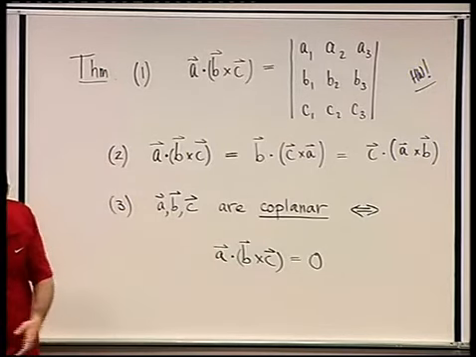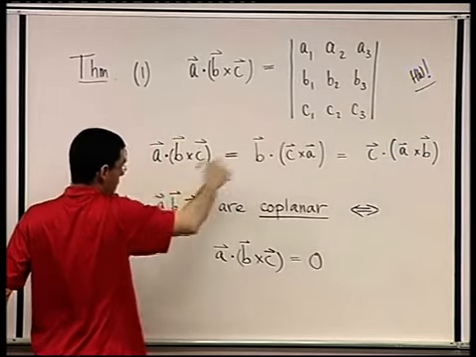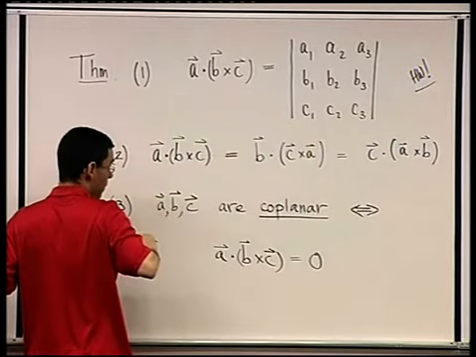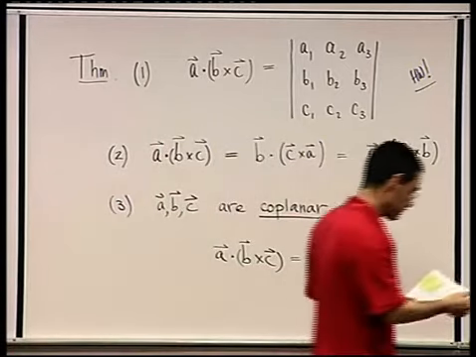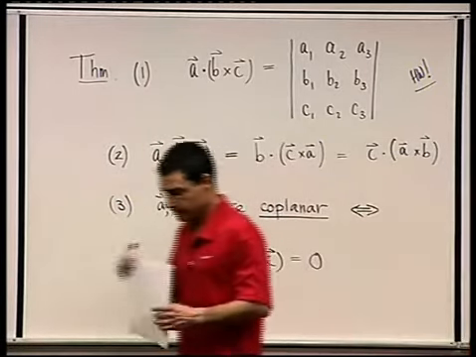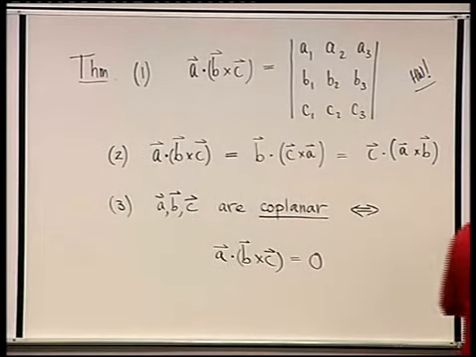Okay, so we explained this. This is just a calculation. We explained this. It follows from a property of determinants. And this I want to prove. So why is 3 true?